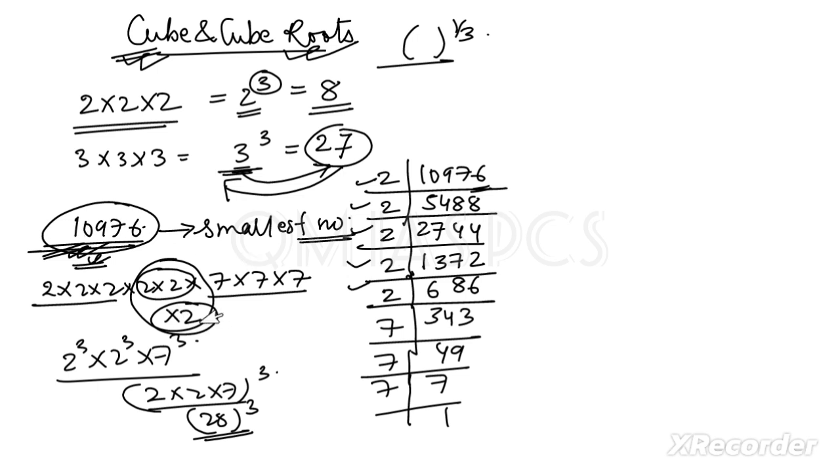When you multiply by 2, it will be 21952. Because we have to multiply by the smallest number, that is 2, to make it a perfect cube. So this is your answer, 2, and like this we have to solve cube and cube roots. Is it clear?